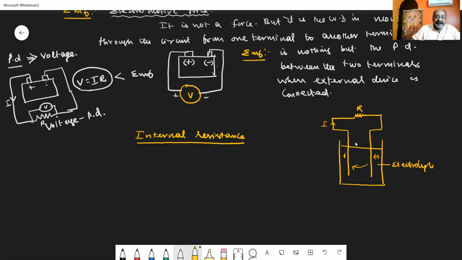That resistance we call the internal resistance of a cell. So how can I explain? Internal resistance of a cell is usually represented by the letter small r. If you are considering a cell or a battery, it will have a small internal resistance in practice.